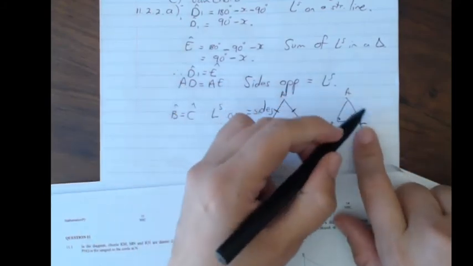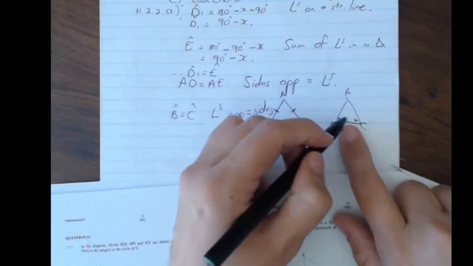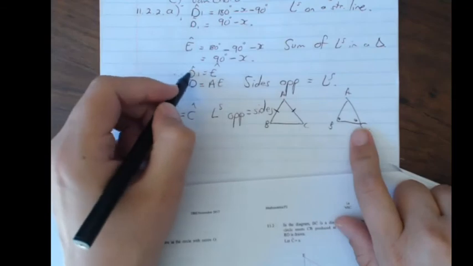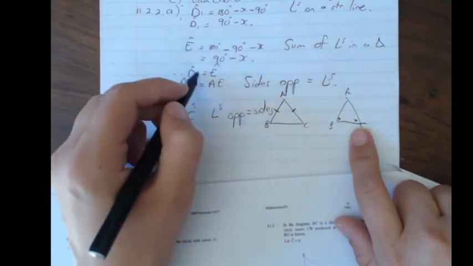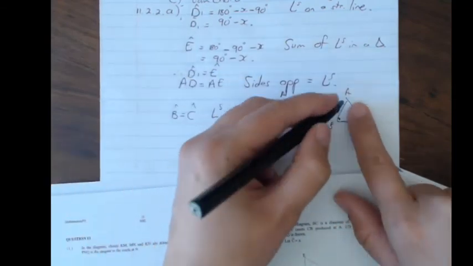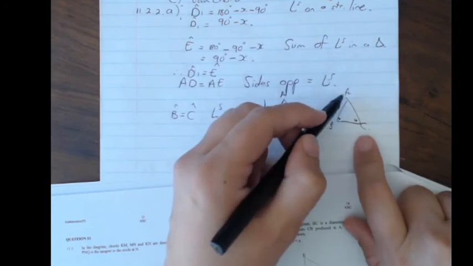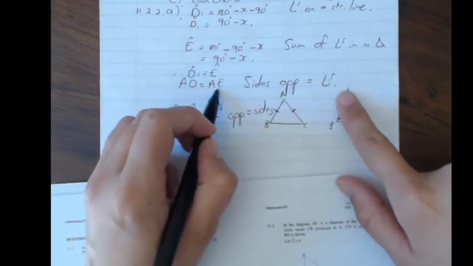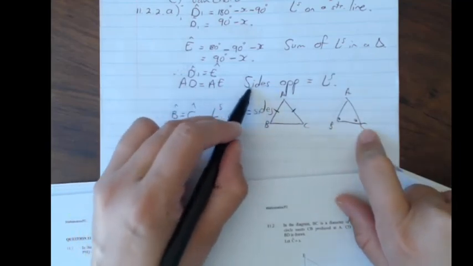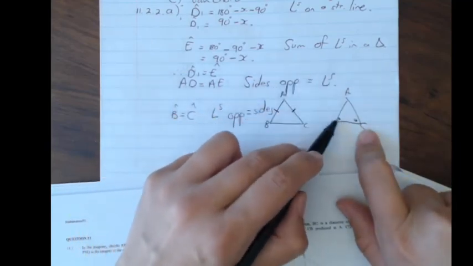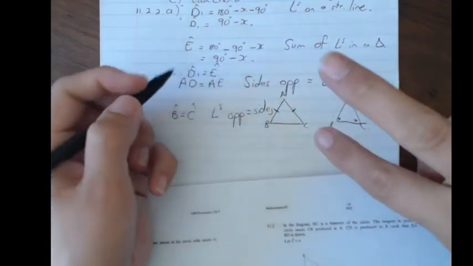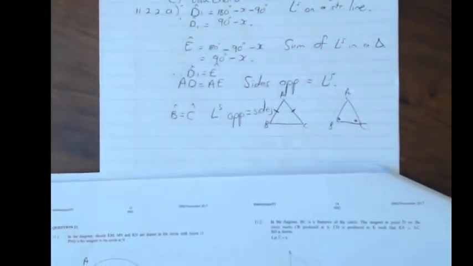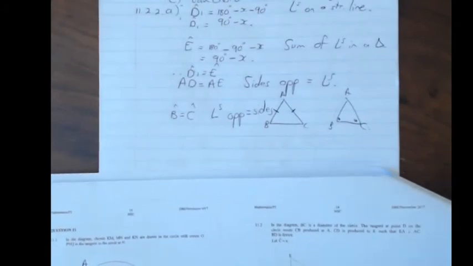And if it's somehow given on the sketch, or I've proved that the angles are equal, then from that I conclude the sides are equal. So now I say AB is equal to AC, or whatever the case might be. Those are sides that lie opposite equal angles. So just take note of the two reasons when working with isosceles triangles.